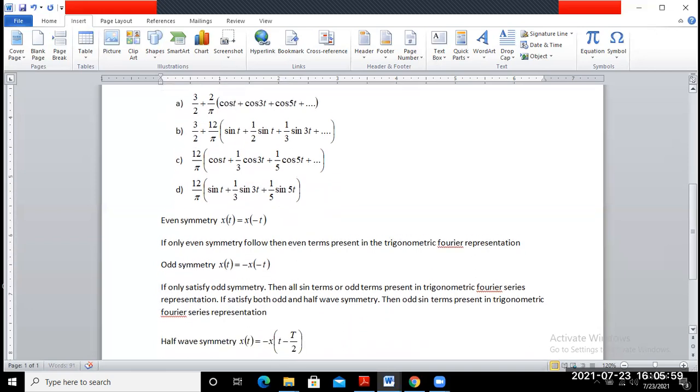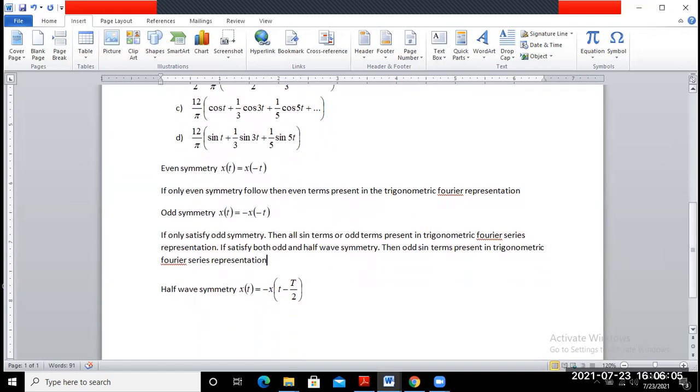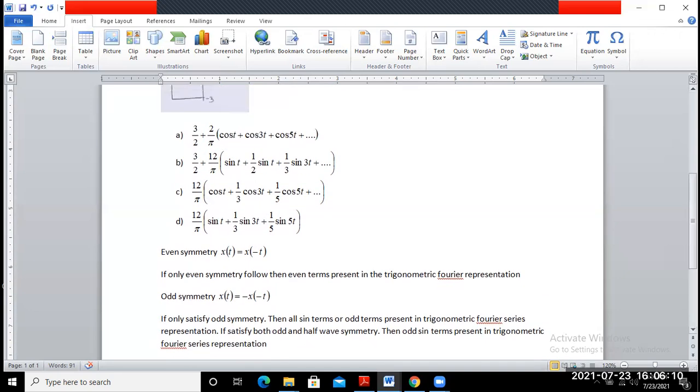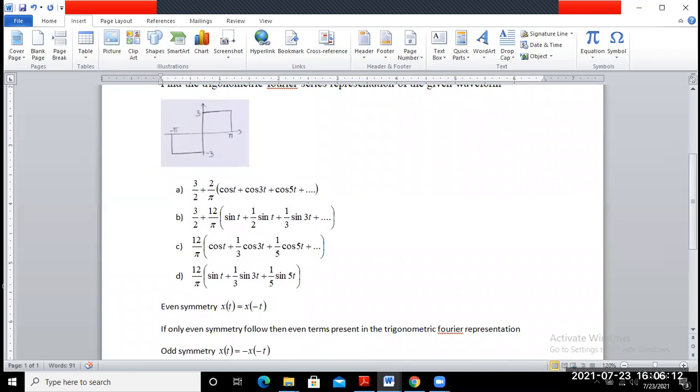So I think these are the terms you require for this problem. So just try to check which type of symmetry this waveform follows. For even symmetry, x(t) equal to x(minus t).